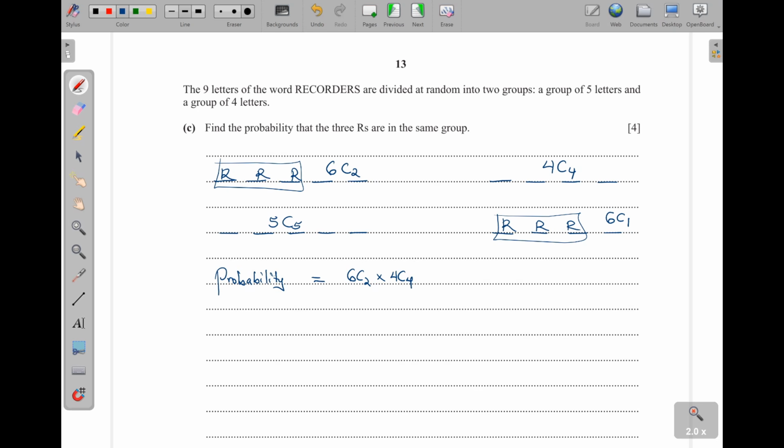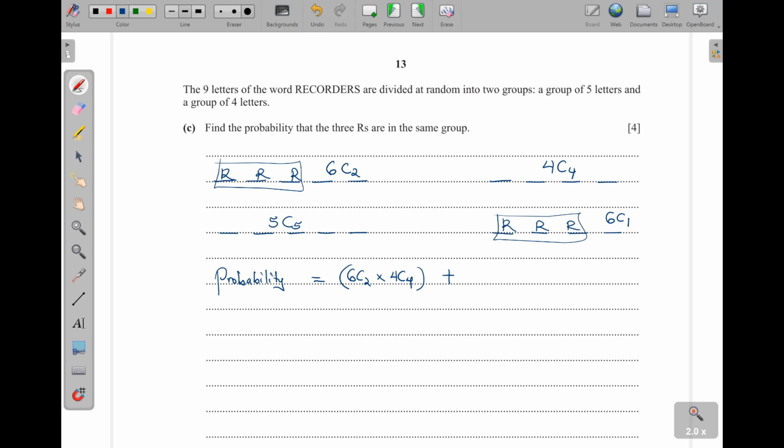It is the same. By the way, you can put the 3 R's here, and then out of the 6, I can say 6 combination 4. Then the remaining 2, you say 2 combination 2. It's the same thing. You get the same answer. 6 combination 4 is the same as 6 combination 2.